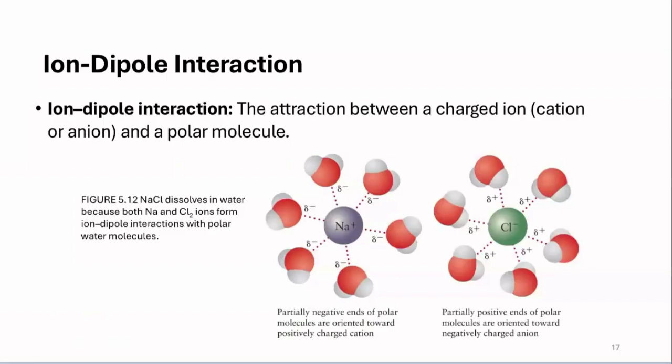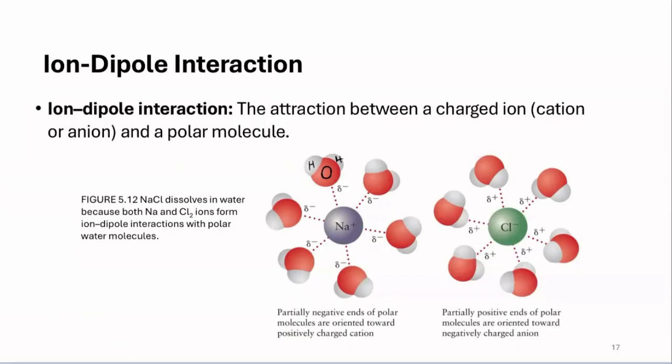To illustrate the water, I'm going to write in, at least for one of the molecules, the atoms in water. The red dot represents the oxygen. The white represents the hydrogens.